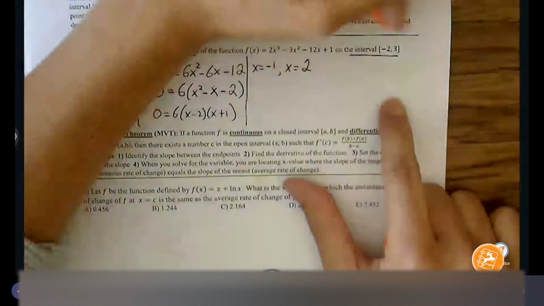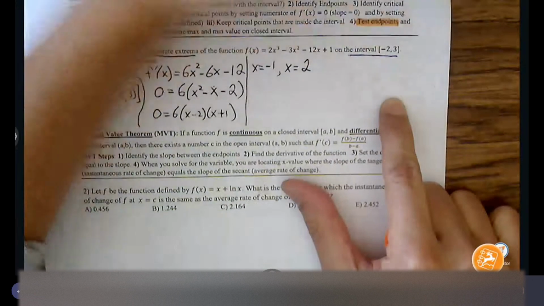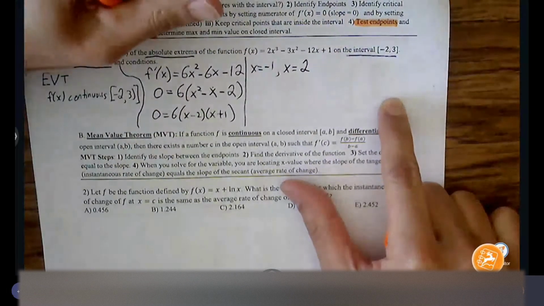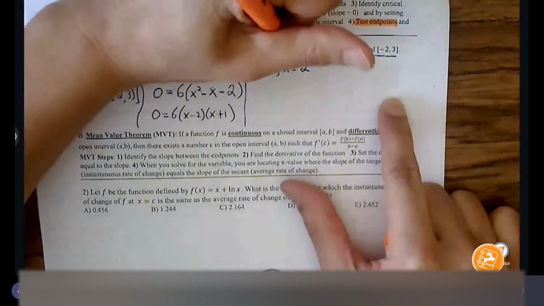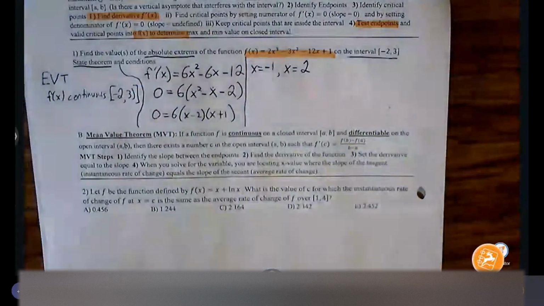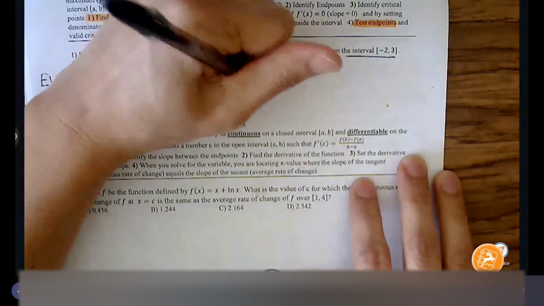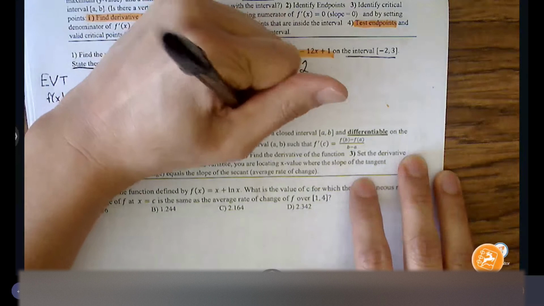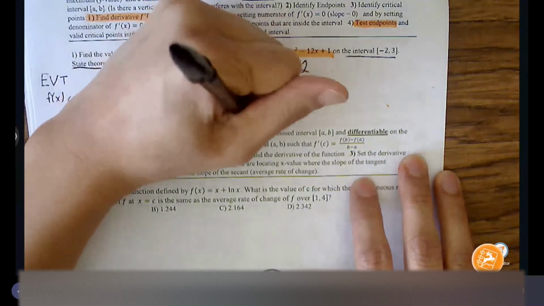So we're going to be testing endpoints with the original function. So let's list them out. F of -2, f of -1, f of 2, and f of 3.